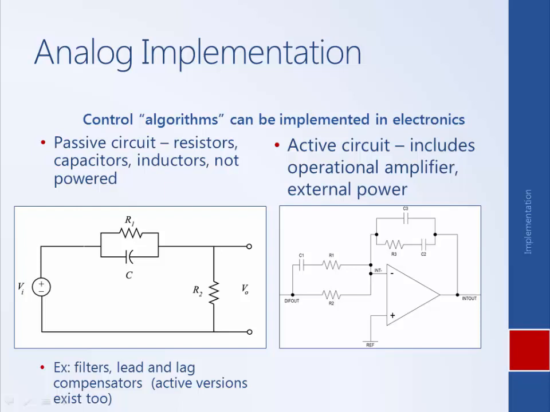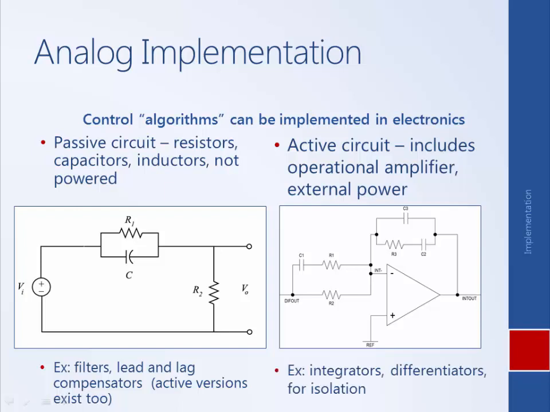We won't get into all the details, but one nice thing about active filters is they're not loaded down. And so this was something that we talked about when we discussed putting circuit elements in series with one another. The dynamics of one circuit can be affected by the loading effects of another circuit.